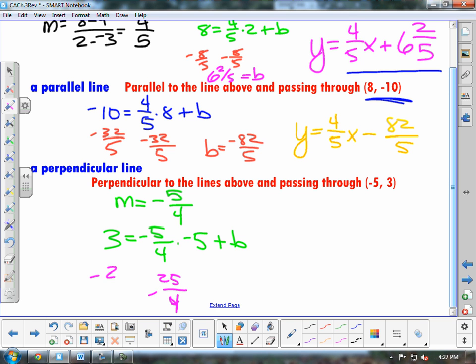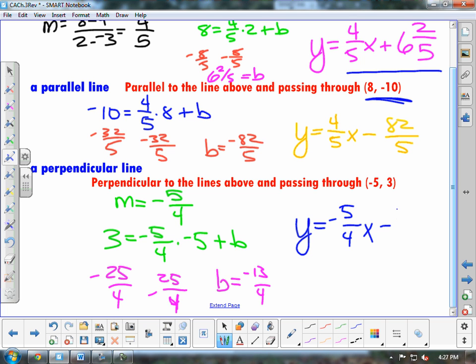So then to move it to the other side, we have to subtract 25/4. And when you subtract 25/4 from 3, you will get negative 13/4. And so our equation for this line would be y equals negative 5/4 x minus 13/4.